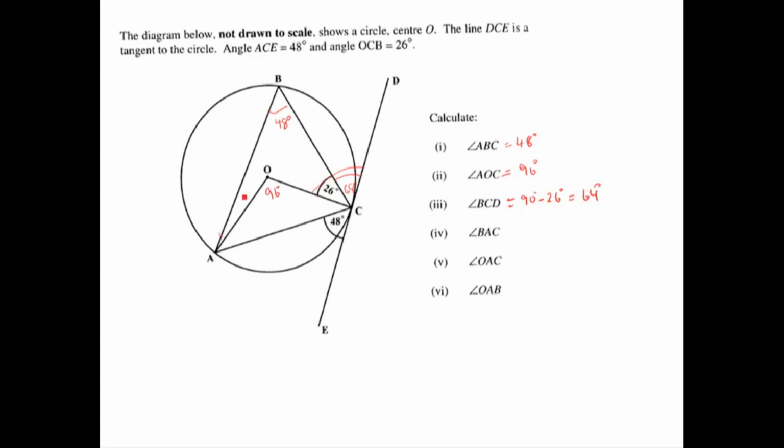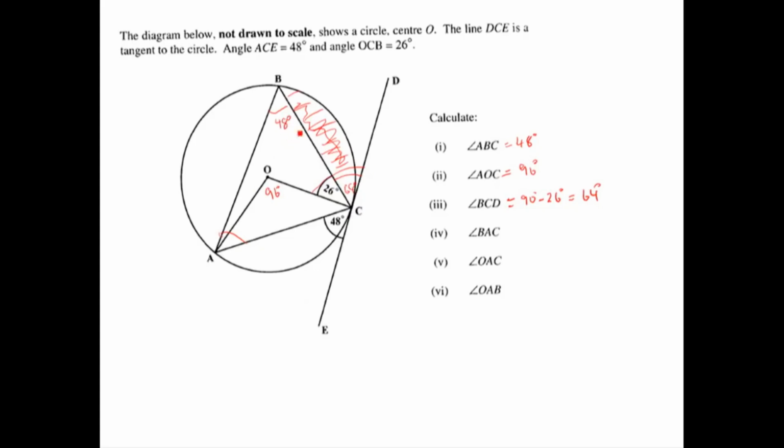Angle BAC, from B to A to C. This angle right here, what is it? Well, this is chord BC, and the angle in the minor segment is 64 degrees. So the angle that this chord subtends at the circumference is equal to the angle between the same chord and the tangent, 64 degrees.